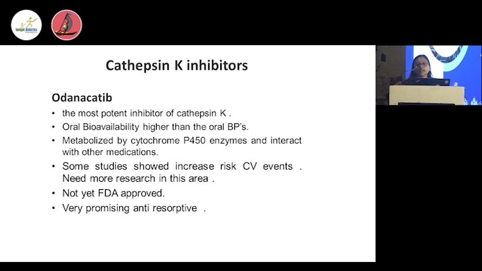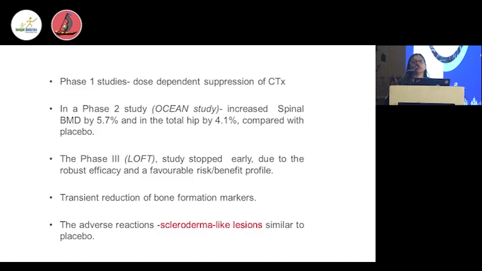So how do they act in the highly acidic medium in the osteoclast? There is an increase in the secretion of cathepsin K by the lysosomes, and what do they do? They cause degradation of the collagen. So if we inhibit this cathepsin K activity, then we can inhibit the bone resorption.